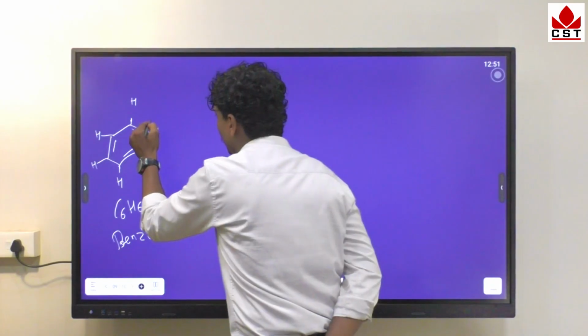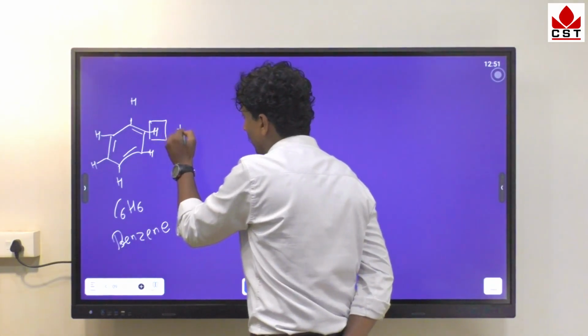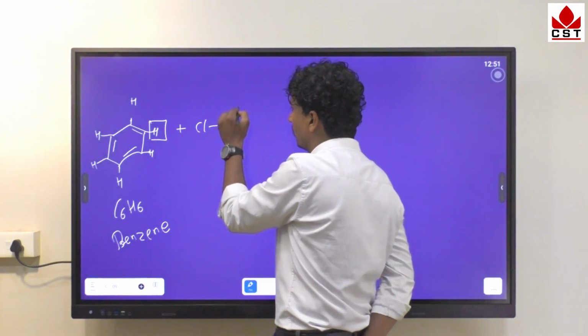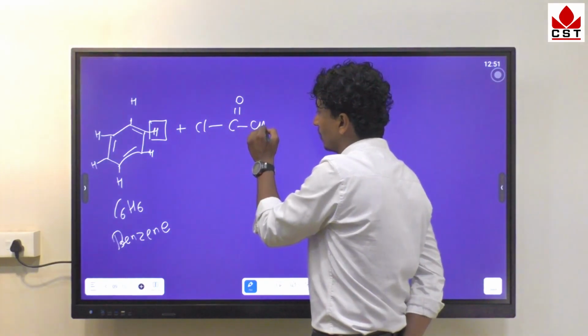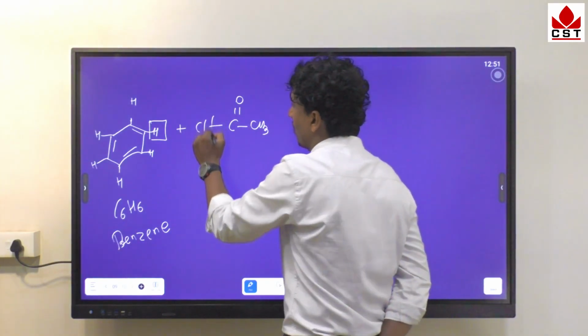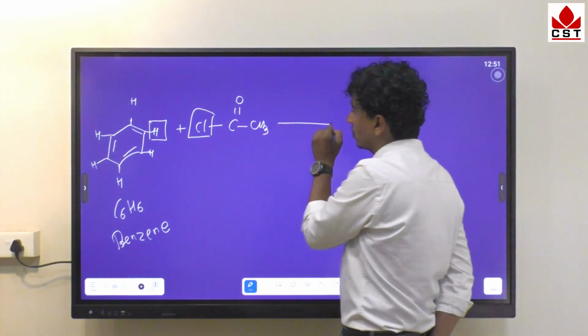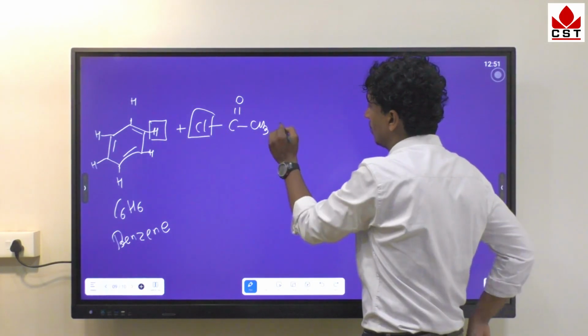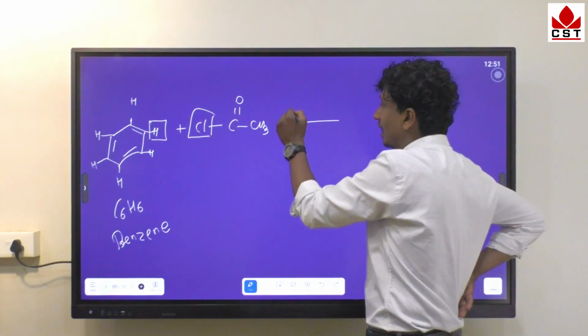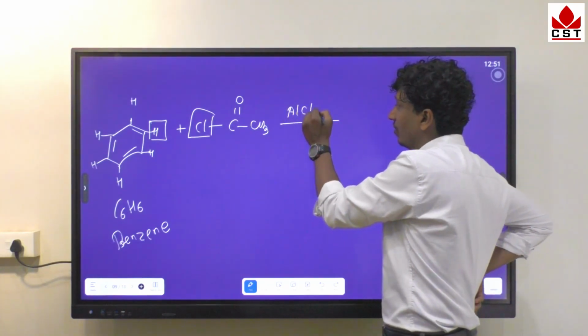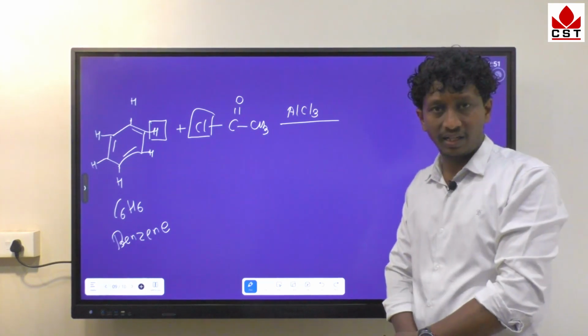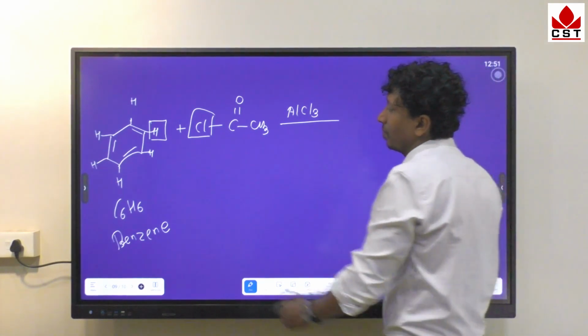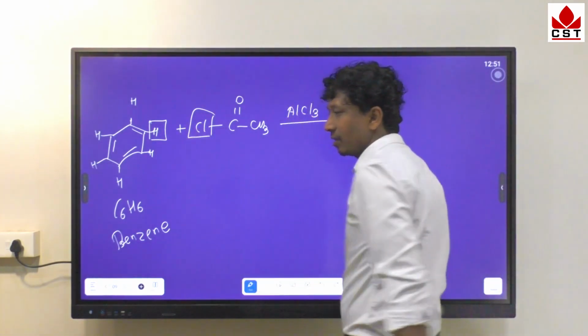Now in the reaction there is a replacement of hydrogen of the ring, Cl by H. The mechanism proceeds with the help of AlCl3.